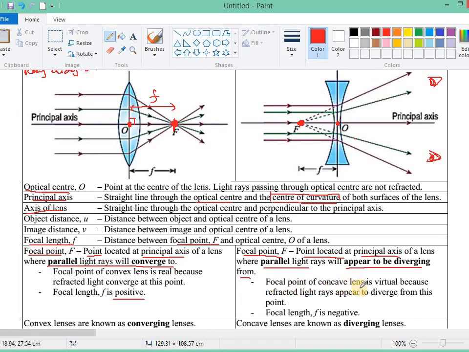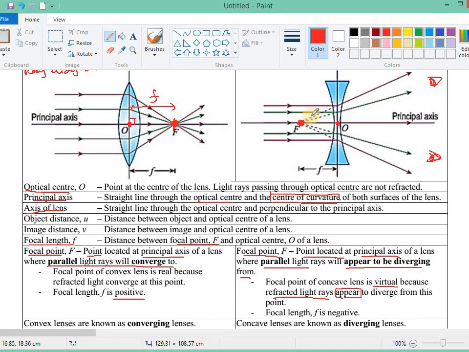So the focal point of a concave lens is virtual. That means not real, because the refracted light rays only appear to diverge from this point. It looks like they diverge from here, but actually there is no light coming from here. These five rays of light look like they come from this point, but actually they do not.